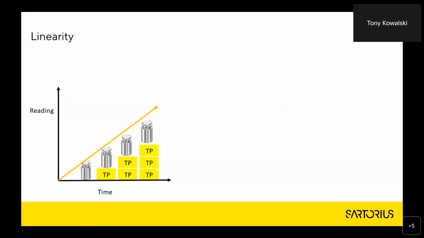With a mass comparator, the resolution is much higher than a laboratory balance. And if you were to use up to 4 weights on the pan together to test the linearity throughout the range, the cumulative errors on those 4 weights could be bigger than the linearity error that you're trying to measure.